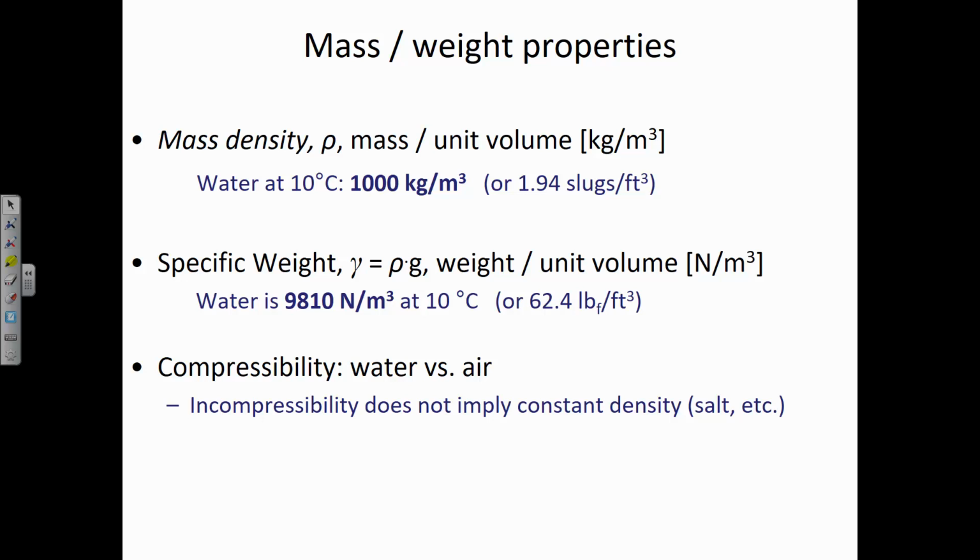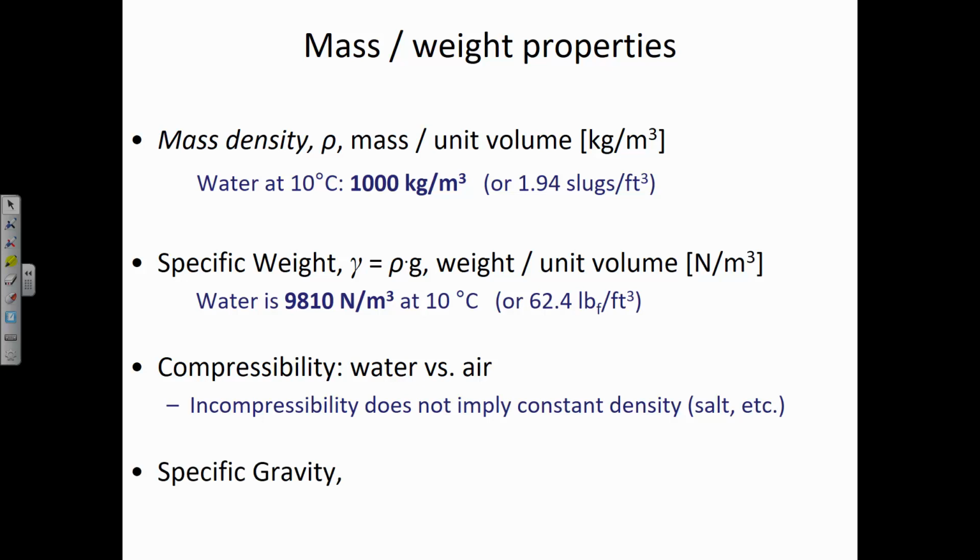Salt water, for example, has a different density than water does because it's got added salts in there. And so instead of 9810, salt water has a density of about 10,000, slightly higher than 10,000, typical seawater.